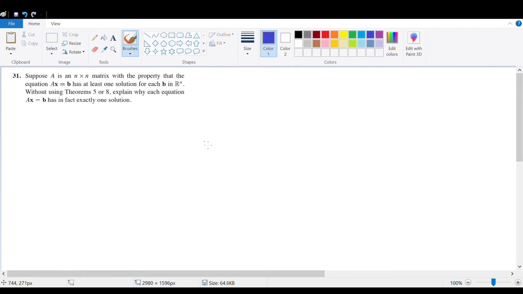In 31, suppose A is an n by n matrix with the property that the equation Ax equals b has at least one solution for each b in Rn. Without using theorem 5 or 8, explain why each equation Ax equals b has in fact exactly one solution.